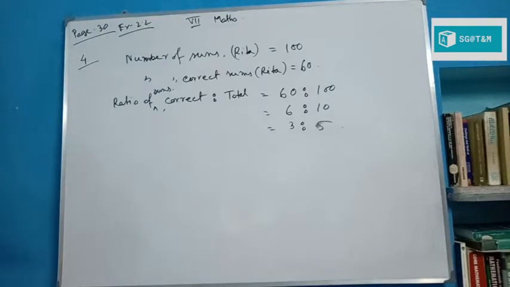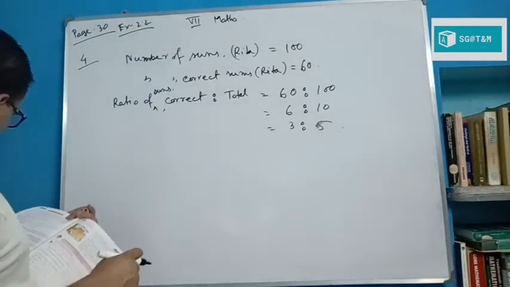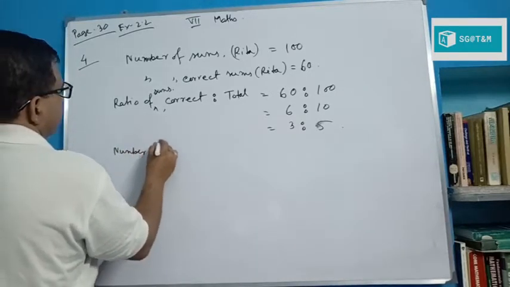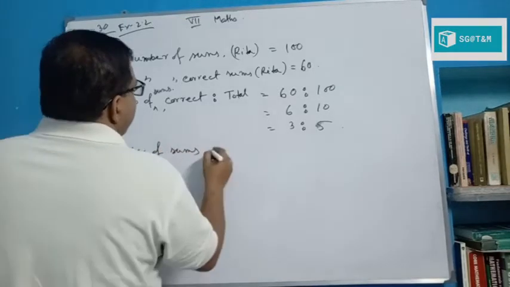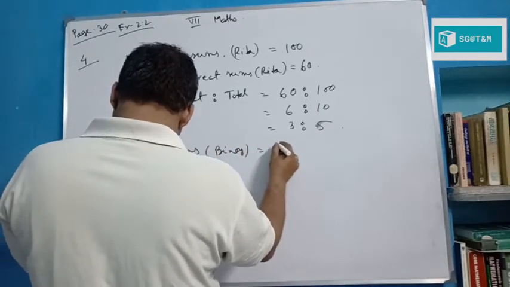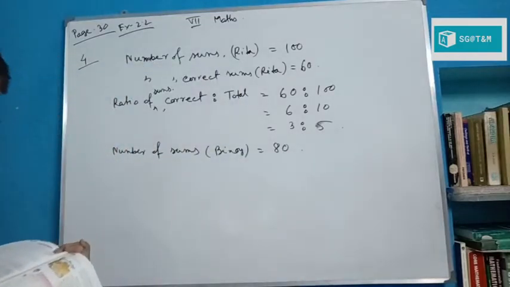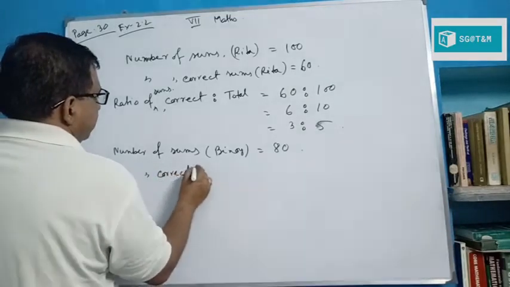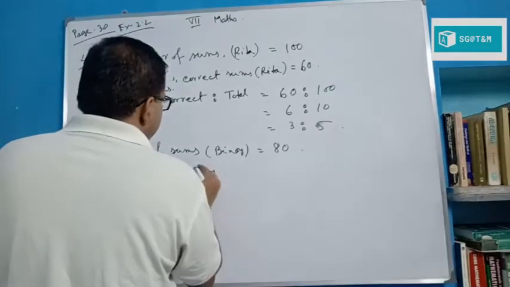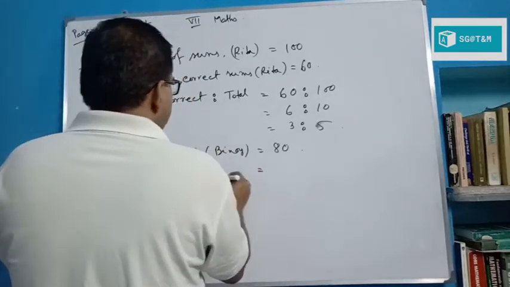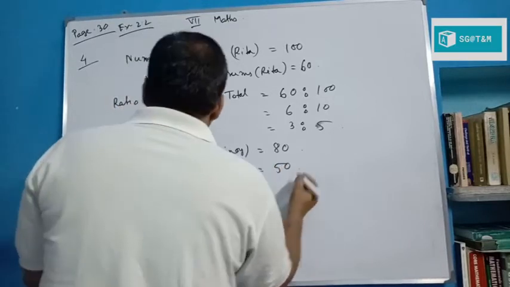And the number of sums given to Binoy is 80, and Binoy did correct how many? 50 sums. The number of correct sums of Binoy is 50.